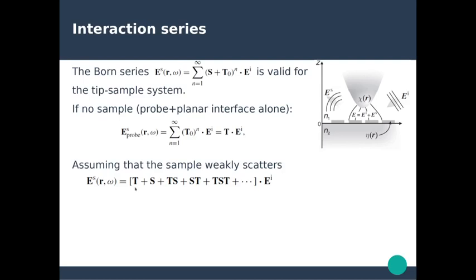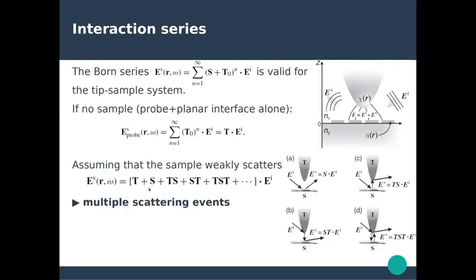So this sum of T and S terms describes the different scattering events from the tip and from the sample. We have multiple scattering events occurring in the system, and we're looking at the contribution of all those scattering events to the total scattering signal you're collecting.